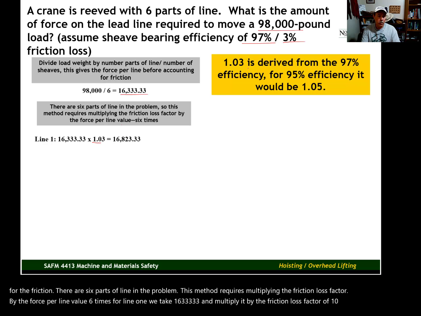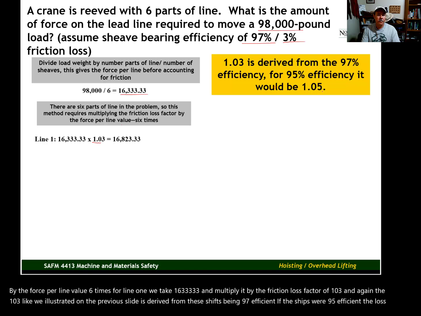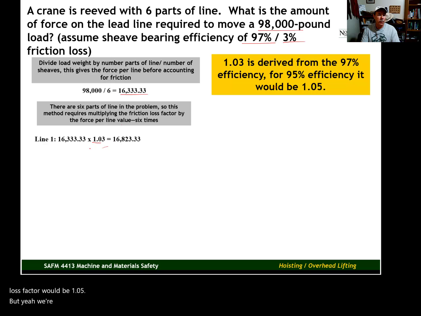And again, the 1.03, like we illustrated on the previous slide, is derived from the sheaves being 97% efficient. If the sheaves were 95% efficient, the loss factor would be 1.05. But again, we're at 97%, so it's 1.03.